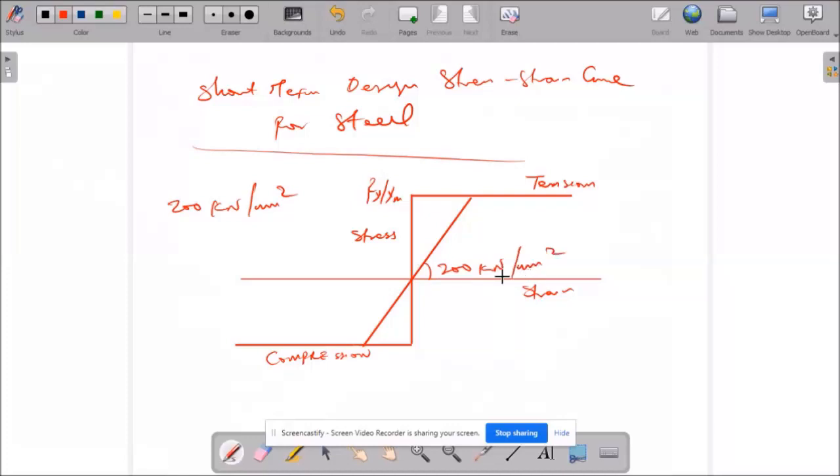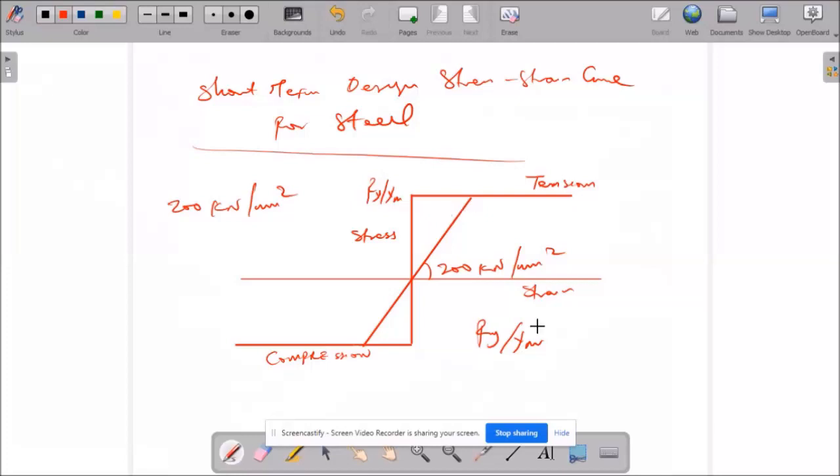The next one we'll consider is the yield strength or yield stress of the steel reinforcement, which is Fy, but for design purposes we divide it by the material strength, which is this. Then the third one is the stress after yield, which remains constant, the constant stress line.